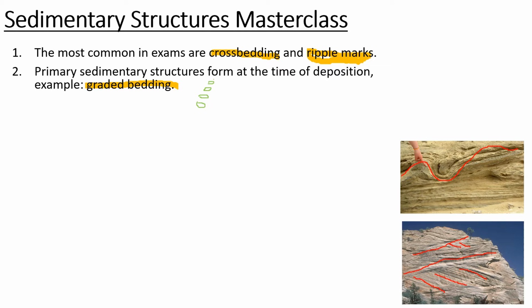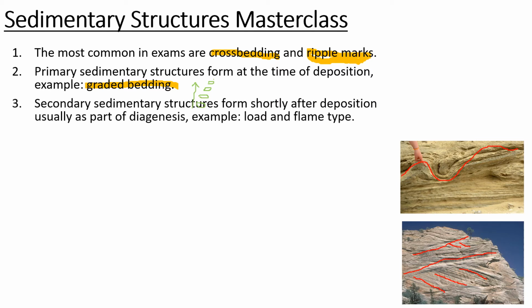Now that grading is going to be the right way up for starters, but also it's formed as the energy decreases in, for example, a deep marine environment, at the end of the continental slope, where the turbidity current is losing energy.